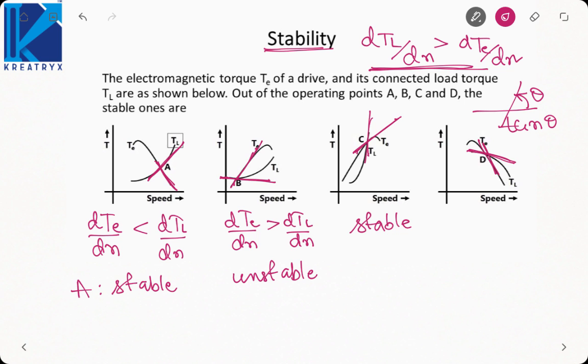Slope being negative means the curve is decreasing. So it means again dTe by dN is less than dTL by dN. Here the slope has a higher negative value, so it is lesser than the load torque. So again it is stable. Is it fine? The slope being less means it is more negative. So that is how you can judge the stability of any operating point of an induction motor, just by observing the slope of the electromagnetic or the motor torque and the load torque.